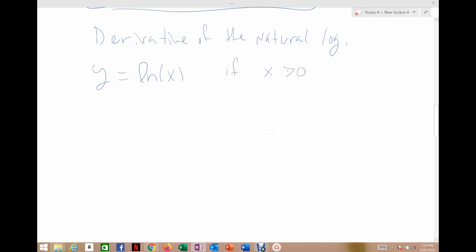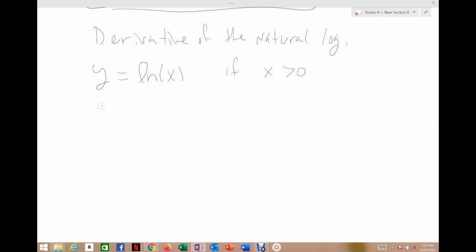All right, now the natural log, reminding you the derivative of the natural log. Remember the natural log is the log base e. We give it its own name and its own notation, so y equals the function natural log of x, ln of x, if x is greater than 0. I can only plug in values bigger than 0, and the same thing is going to be true about its derivative.